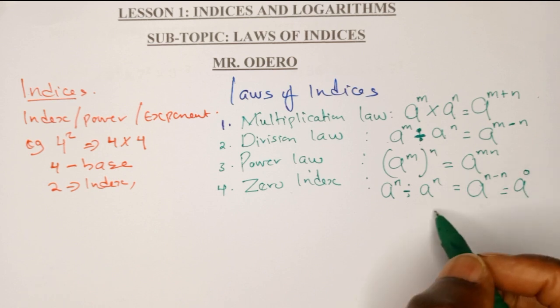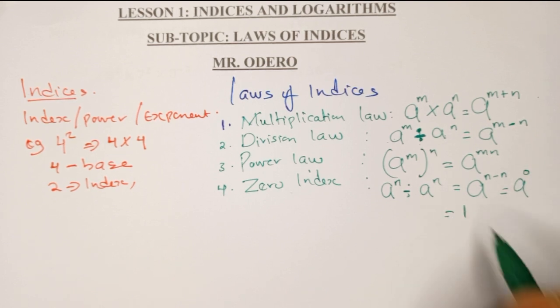And a raised to 0 is 1. That is the law, that anything raised to 0 will always be 1, the zero index law.